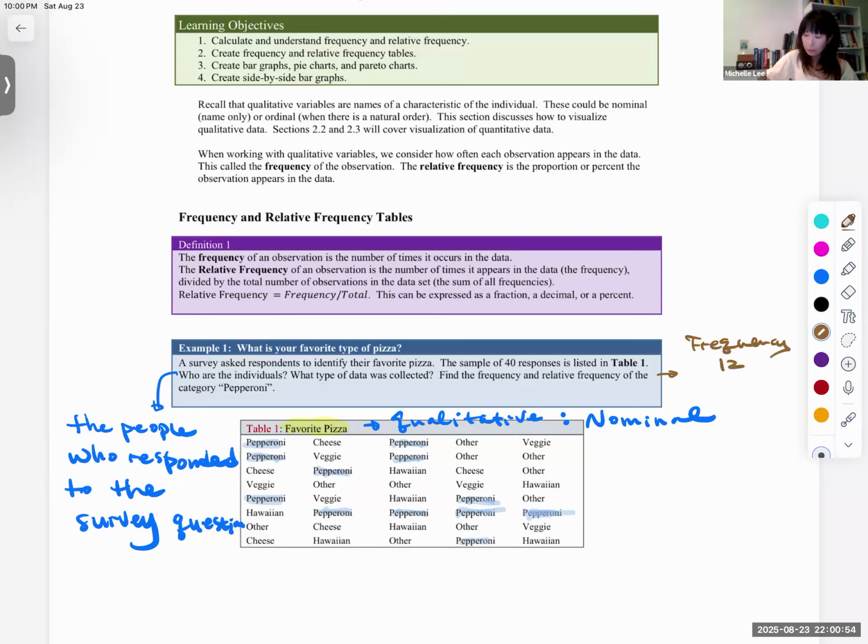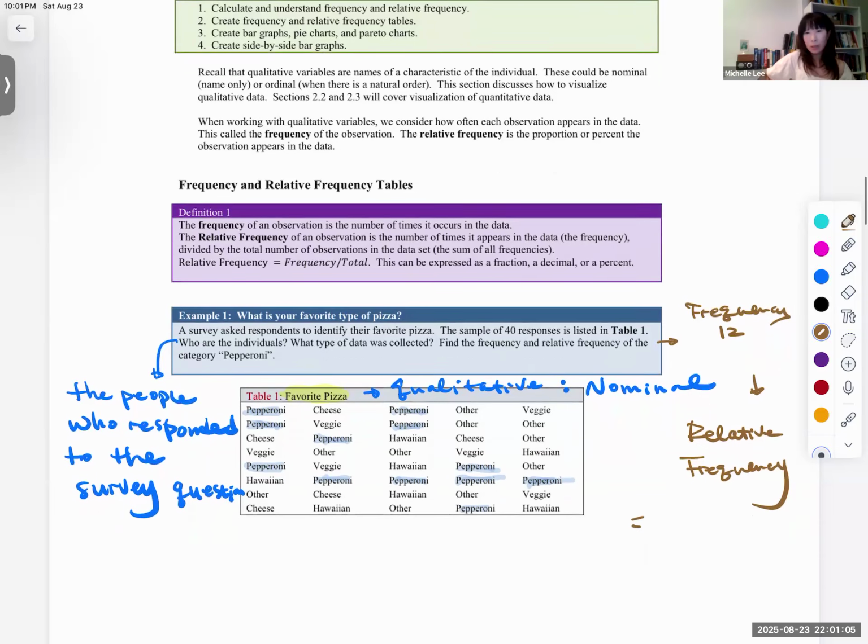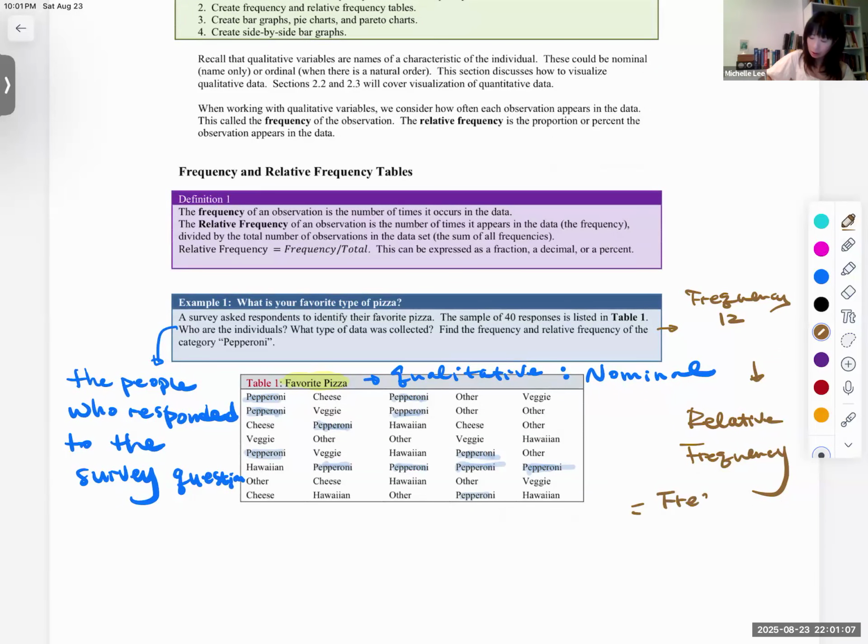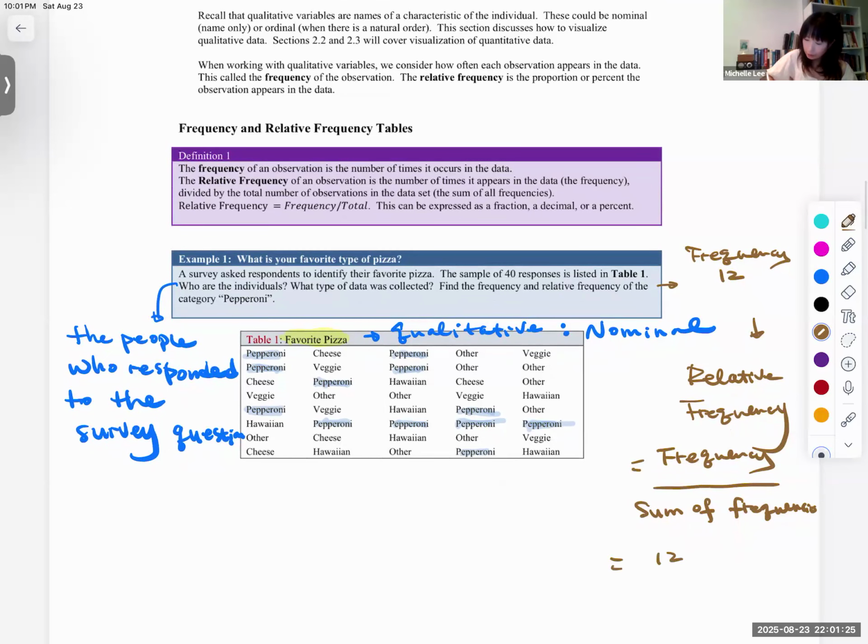Okay, how about the relative frequency? So we have the formula, right? We get the frequency divided by the sum of frequencies, right? Okay. So there will be 12 divided by the sum. How many? The sample of 40, right?